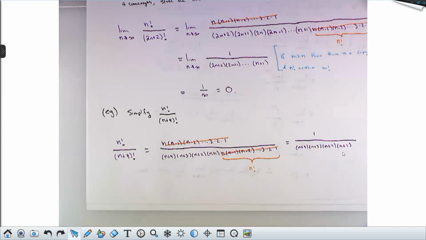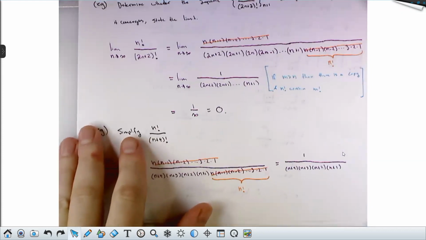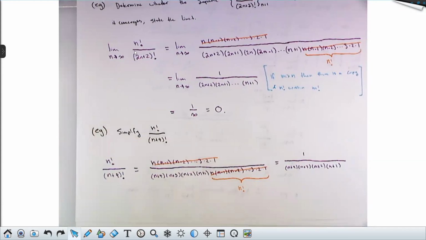So if we're looking back at this first example, as you walk all the way down from 2n plus 2 to 1, and that's what 2n plus 2 factorial is, right? It's the product of all the numbers less than or equal to 2n plus 2. Because n is smaller than 2n plus 2, as we walk down, eventually we will hit n. And that's what I was trying to communicate here.